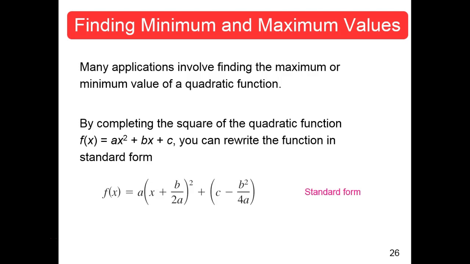And you get A, that good old A tells us whether it's opening up or down, whether it's skinny or fat, that's what the A tells us. And this minus b over 2a is your h, and that thing is your k. We're not really worried about the k yet. In fact, when we do need to know k, we just plug in h to the formula, and that'll give us a k, and we don't have to remember all that mess.